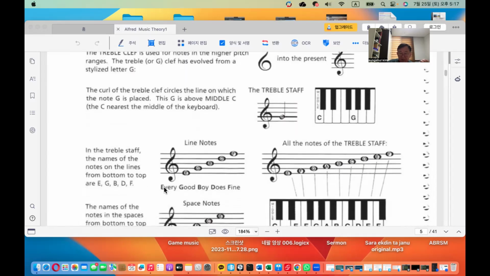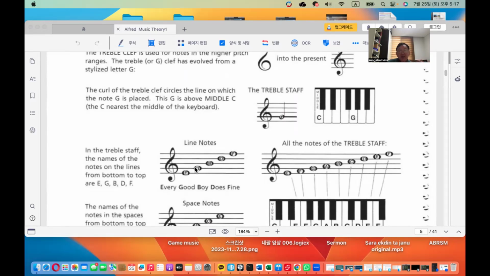You can remember. When I was teaching last semester, I taught you to memorize one sentence: Every Good Boy Does Fine. Each word's first letter is there.